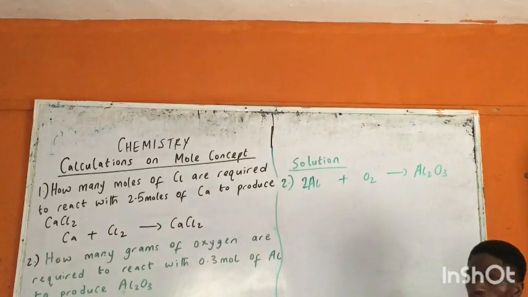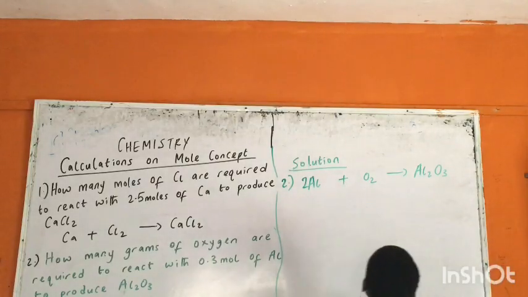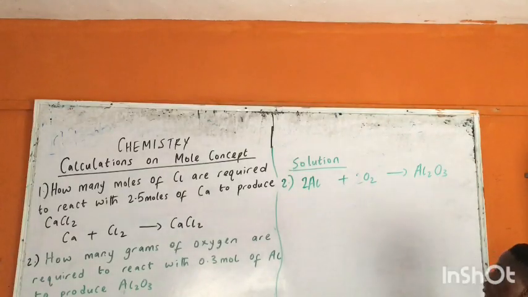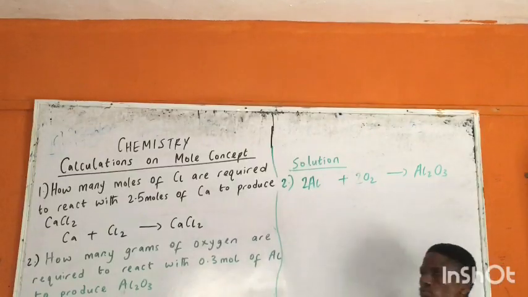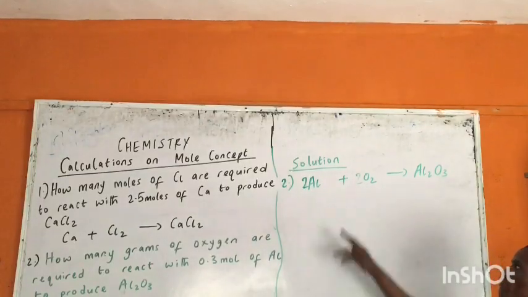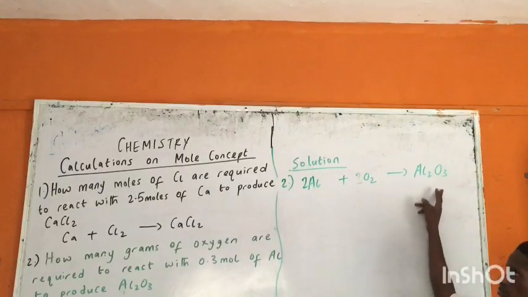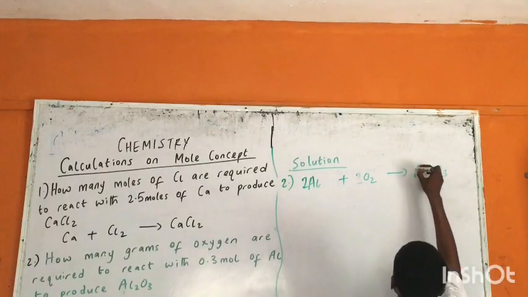So let's put 2 here. So right here we have 4 oxygen, 3 oxygen. So let's put 2 here.